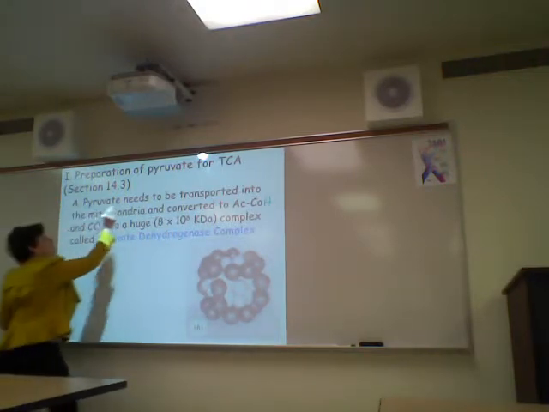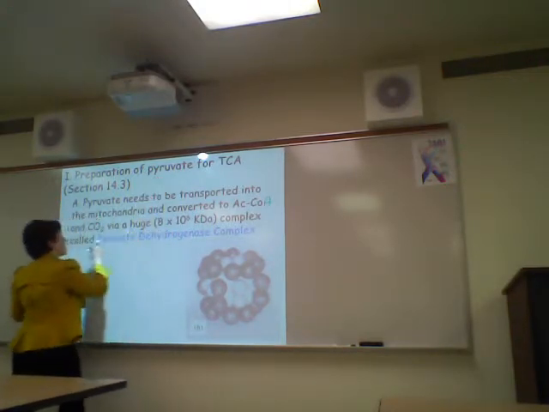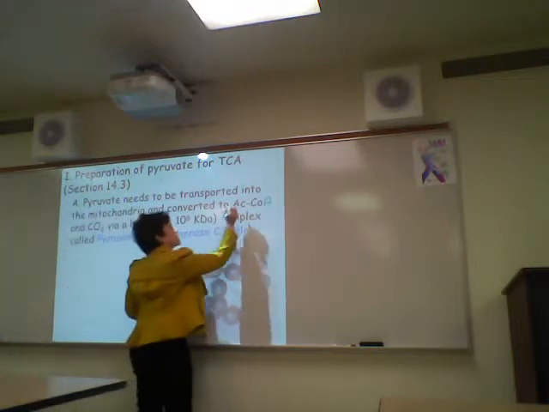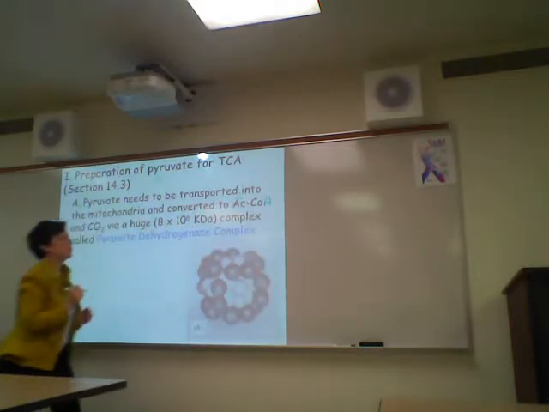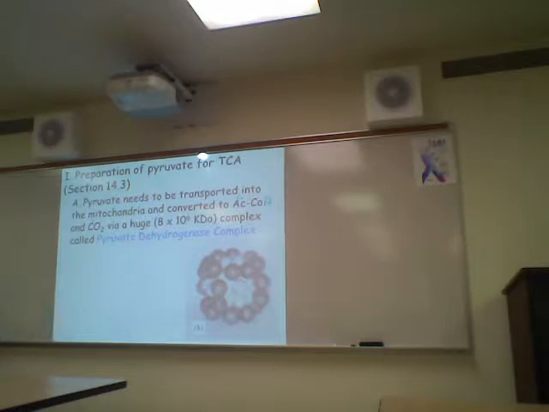So pyruvate has 3 carbons, one comes off as carbon dioxide, and the other 2 carbons are with the acetyl-CoA part. And this is going to be a reaction that happens in the mitochondria.